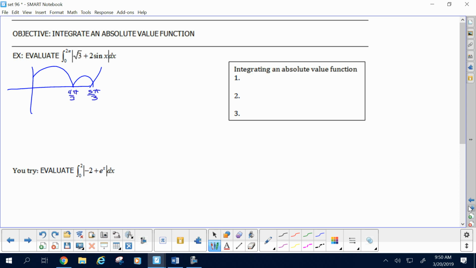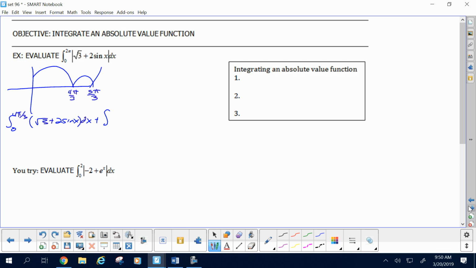This could be rewritten as the integral from 0 to 4 pi over 3 of normal function, or negated function. Normal function root 3 plus 2 sine of x dx plus. Now you could actually put the negative. Do you agree we're going to negate the next part?